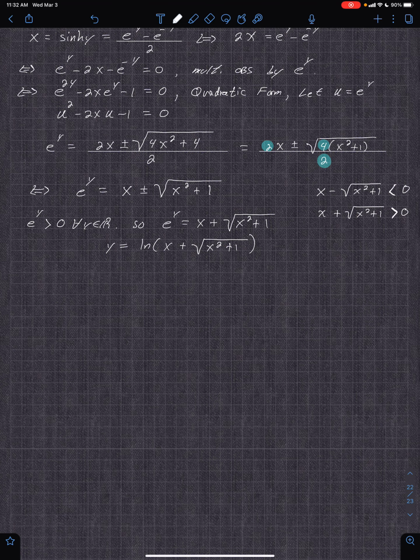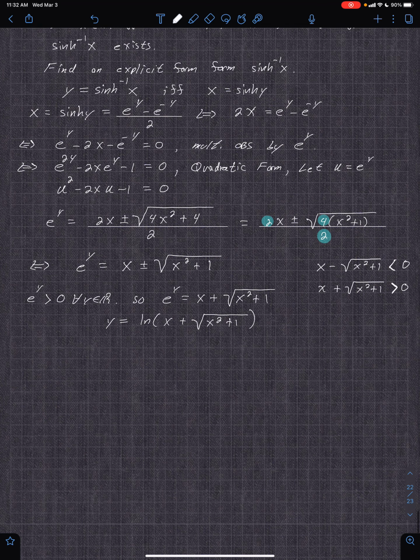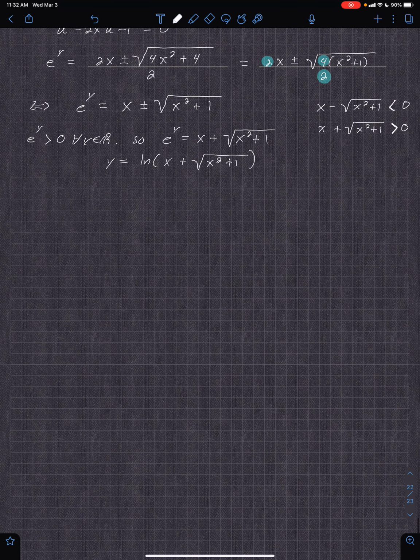But what was y defined to be originally? Y was defined to be sinh inverse x. That's how we started. So that is sinh inverse. So sinh inverse of x is equal to ln of x plus the square root of x squared plus 1.